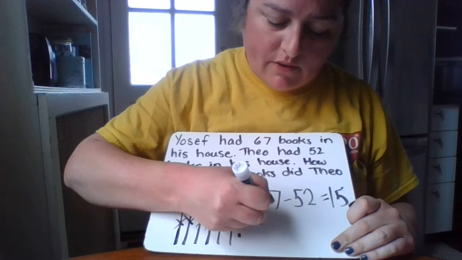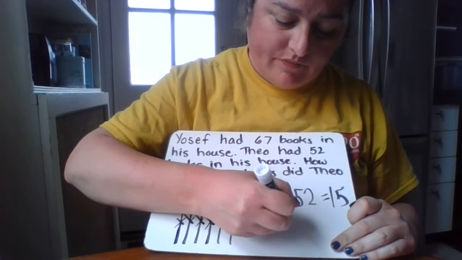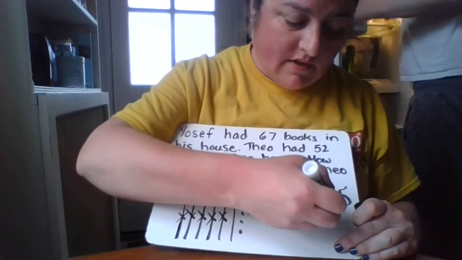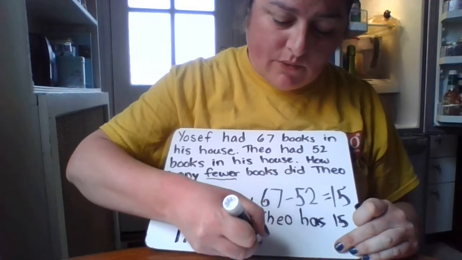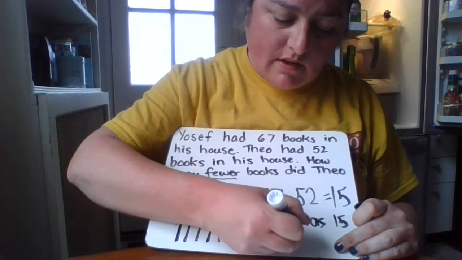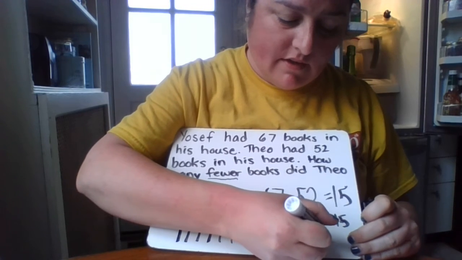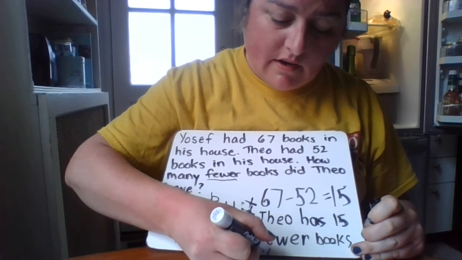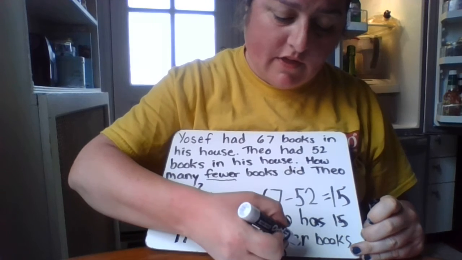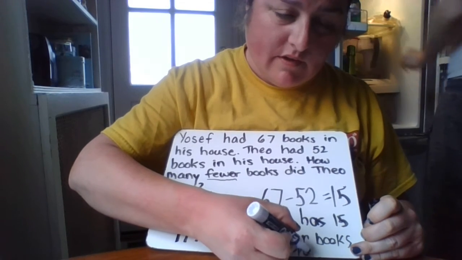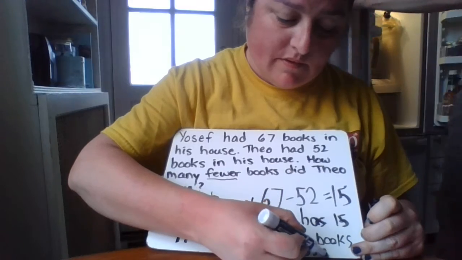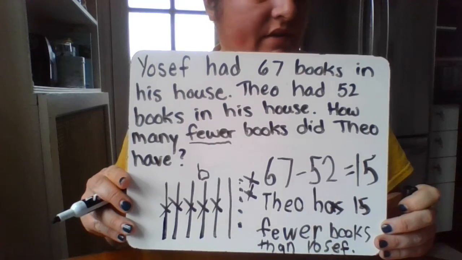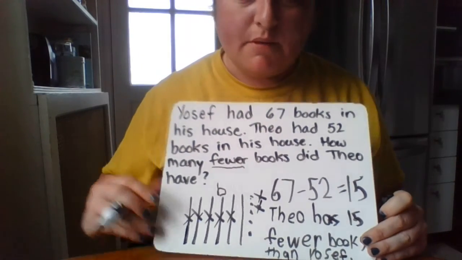So we could say that Theo has 15 fewer books than Yosef. Nice job. All right, thanks for helping me solve that, friend.